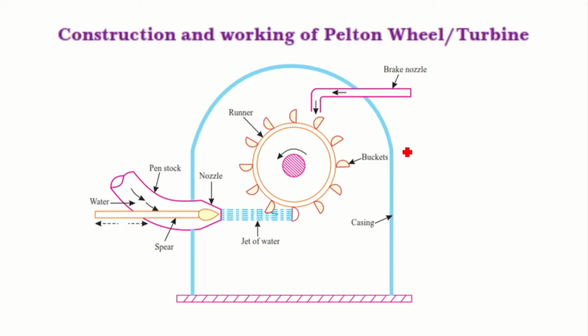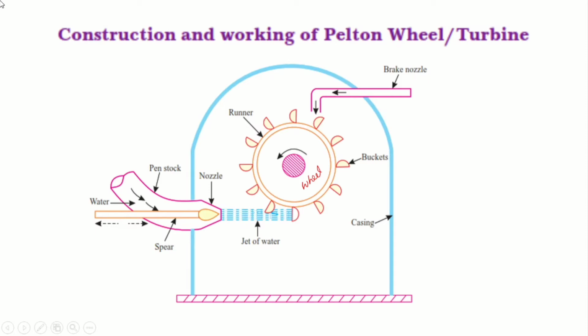It consists of a casing. The blue color indicates the casing, and the main component is a wheel. This is the wheel, and some buckets are arranged over the wheel. The penstock carries water from the dams to the turbine. At the end of the penstock, a nozzle is provided.